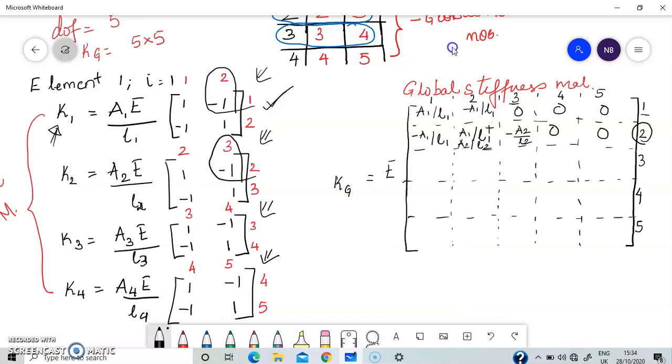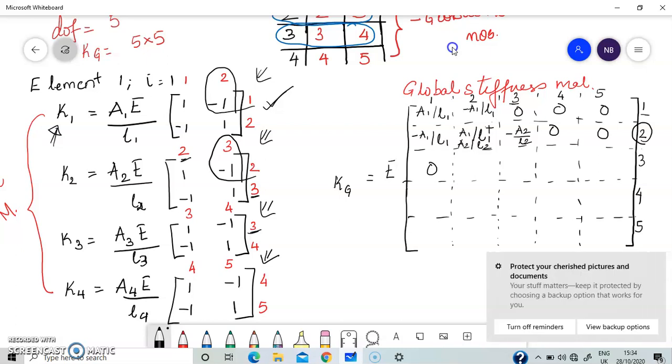Next we move on to row 3. There is no term in row 3 and column 1, so this is 0. Row 3 and column 2 is minus A2 upon L2.